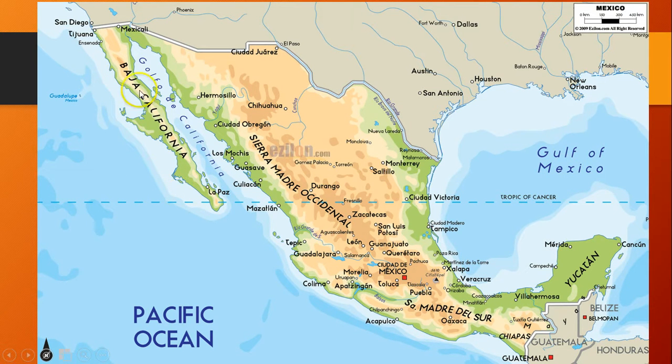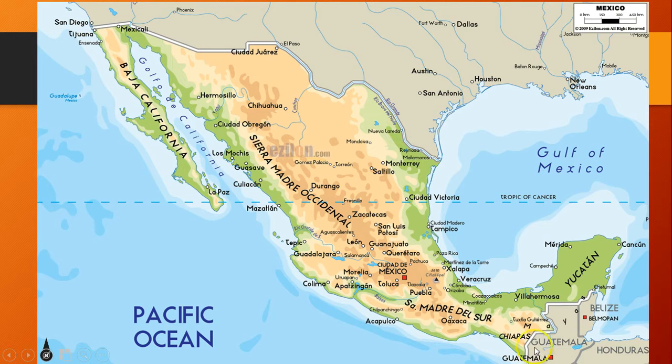This is the Baja Peninsula, and this is the Yucatan Peninsula, and you can see the Yucatan is surrounded by the north, the west, and the east with water. Baja is surrounded on the south, the east, and the west with water as well. Here is the Rio Grande, or the Rio Bravo. So this is the Rio Bravo in Mexico.